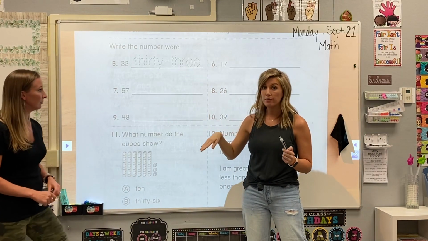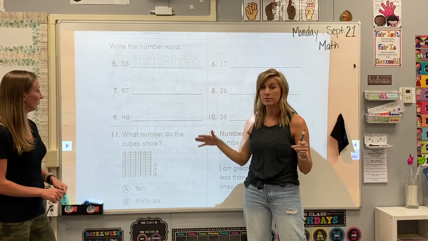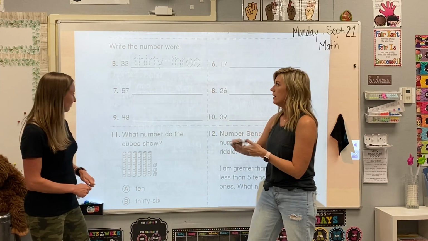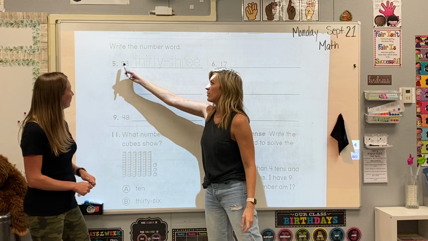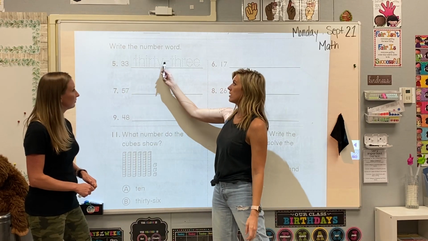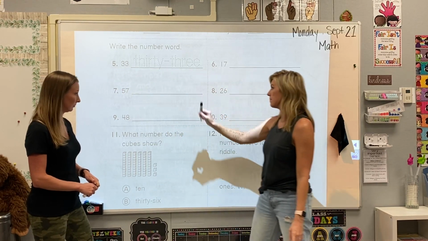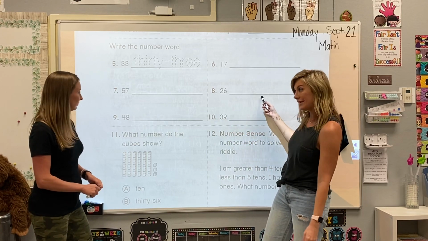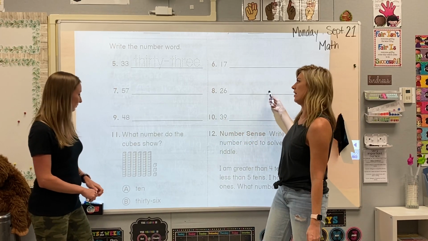Remember, the other side of your math paper has all of the correct spellings, so don't spell them incorrectly. Don't guess. Go and do it correctly. So if they wrote 33, you write the word thirty, a hyphen, and then the word three. If they have 26, you write out the word twenty in letters, a hyphen, and then the word six.